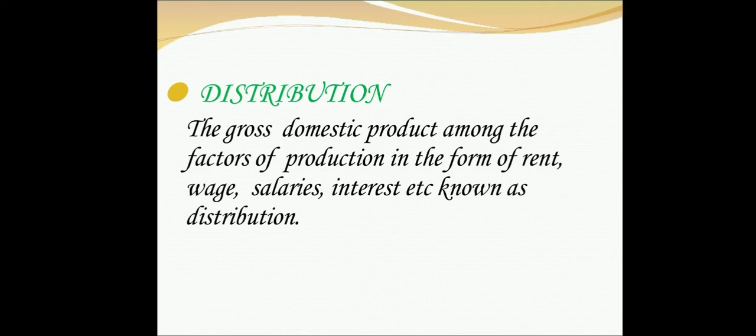The distribution among the factors of production is in the form of rent, wages, salaries, interest, and profits. Rent is received on land, wages or salaries are given to labor, interest is earned on capital, and the entrepreneur earns profits. So that is known as distribution. Okay.